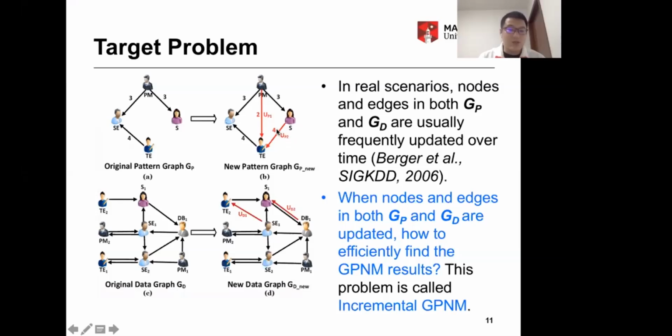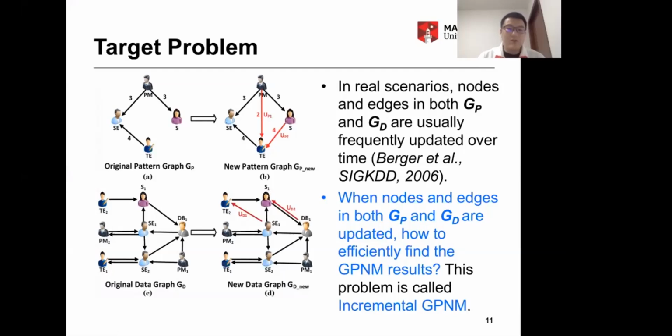This needs updates of the pattern graph. And in the data graph, SE1 decides to build a cooperation relationship with TE2, and DB1 also builds a new cooperation relationship with S1. So these are the updates in the data graph.